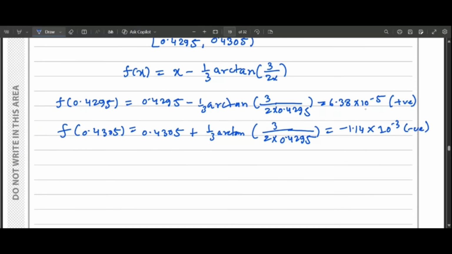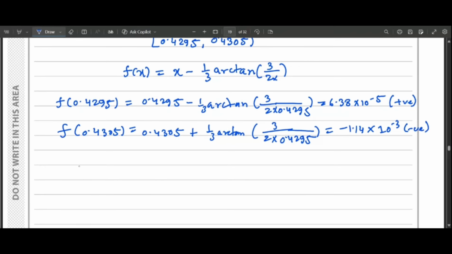Now we can see that the sign changes between these two intervals. So that's why we can say that a root certainly exists in this interval, and the root is certainly equal to 0.430 up to 3 decimal places.